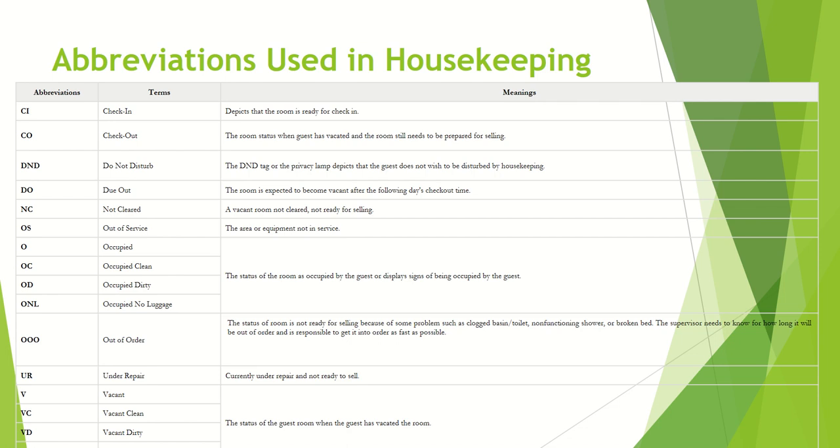Actually, there are 3 more pages, but I have selected and chosen some which are important for you at this level. But if you work in this department, for sure your supervisor will let you learn more about those abbreviations.